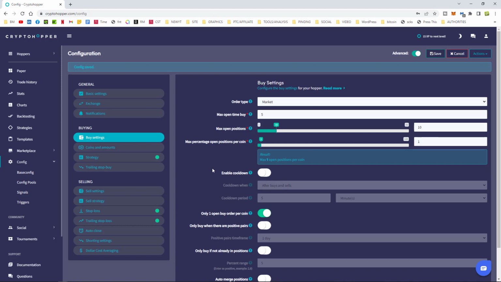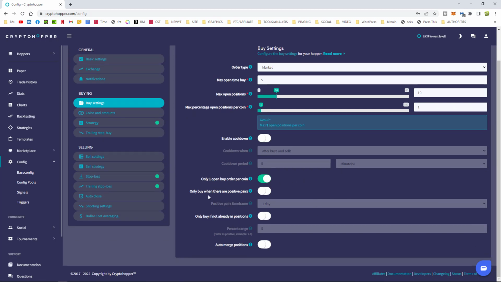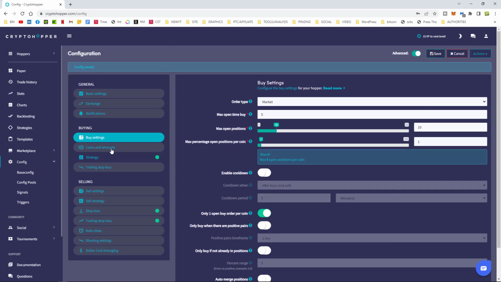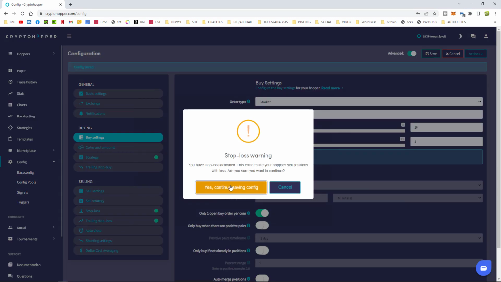No, we don't need that because we're sending signals from Tradingview. Yep, that's what we want, only 1 open. We don't need that. Don't need that. Alright, so like I said, every time we've finished configuring one page, click on save.